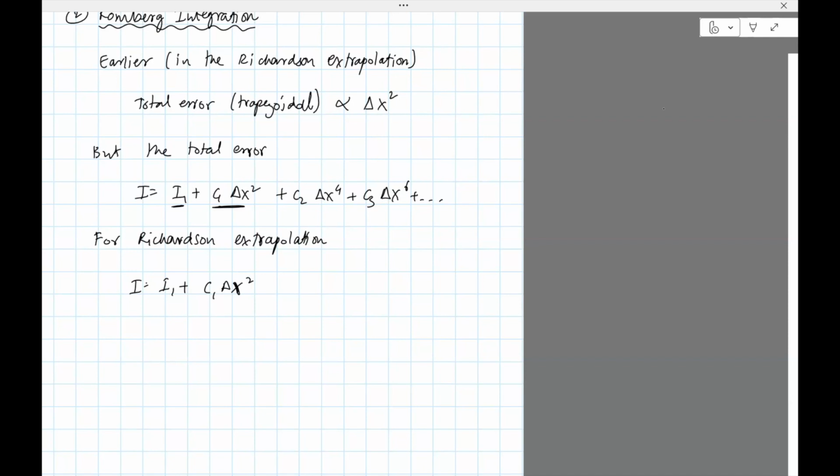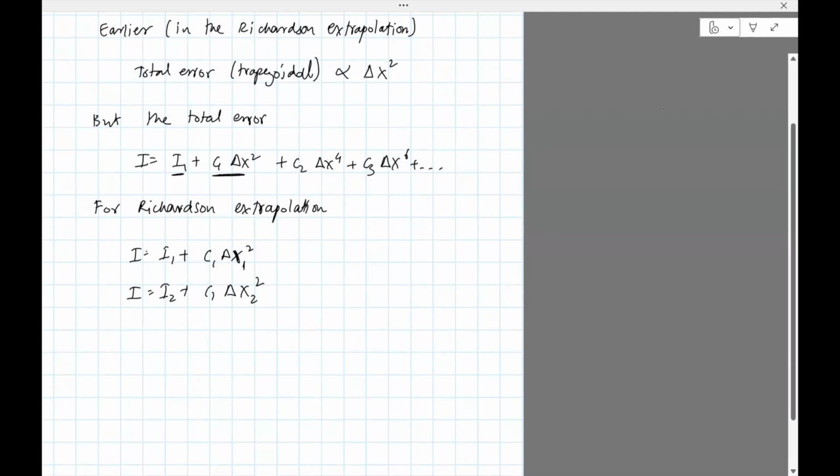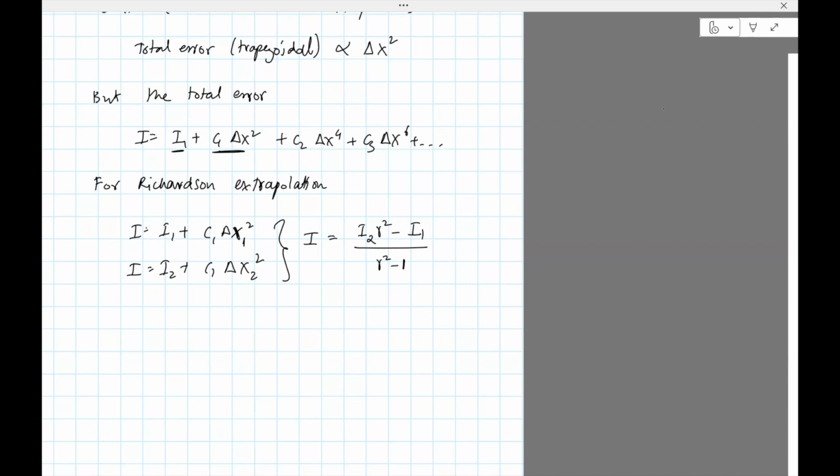And so then we wrote, if you have another step size, you can write it like this: delta x1 square, delta x2 square, and then based on these, you can write I equals I1 r square minus I1 divided by r square minus 1. Okay, so this is just a recap.